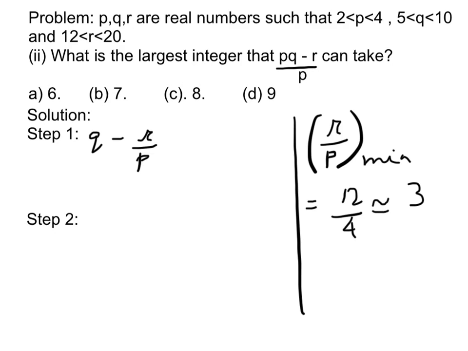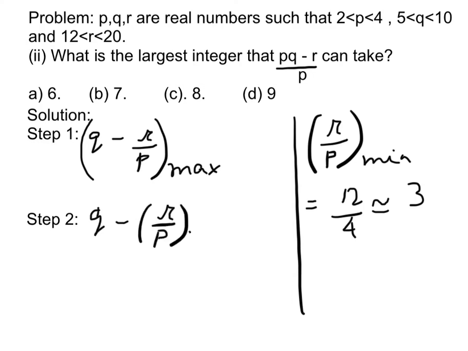Therefore, Q max minus R by P minimum, this whole we have to find max. Therefore, Q minus R by P min equals Q, what is the value? Q max 10.